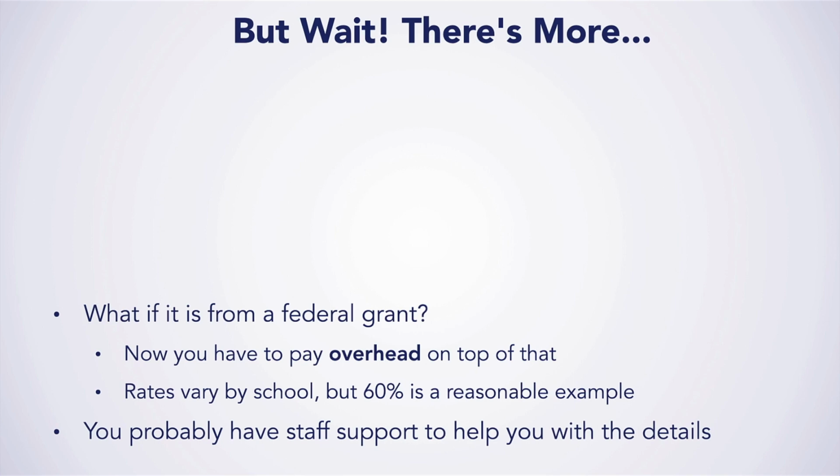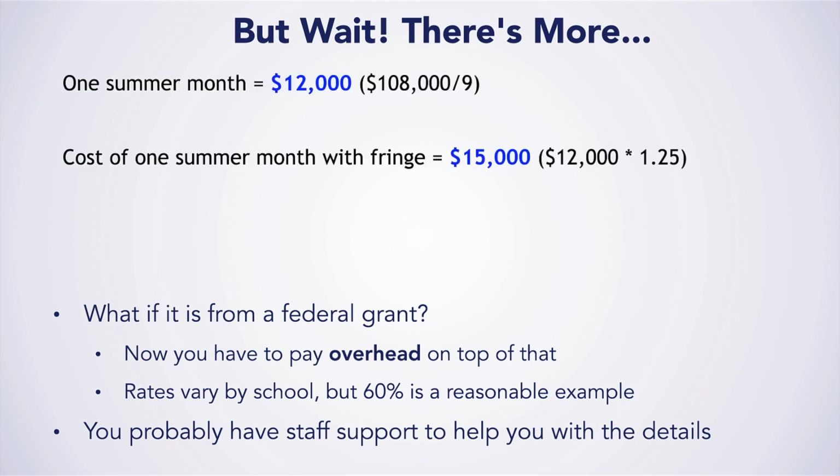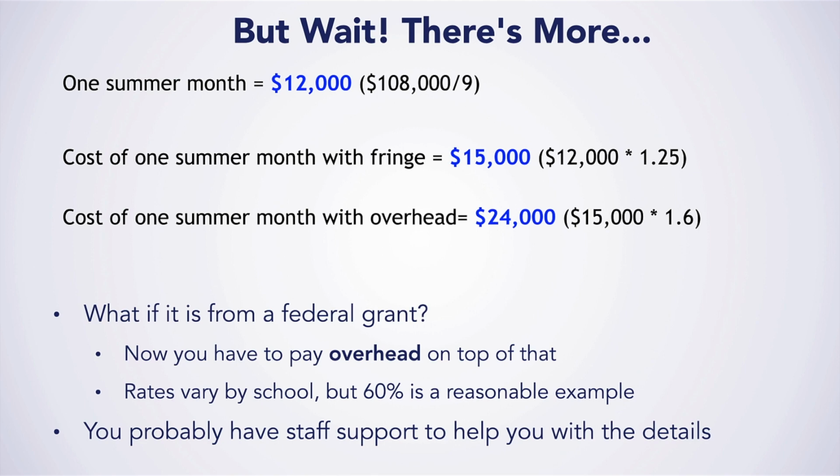Again, the rates are going to vary from university to university, but 60% is pretty reasonable as an example to use here. So again, we take our summer month, we add fringe, but now we multiply that by the overhead or indirect cost rate of 1.6, and we see that it costs us twice as much. We need $24,000 in our grant to pay ourselves $12,000 of summer salary.